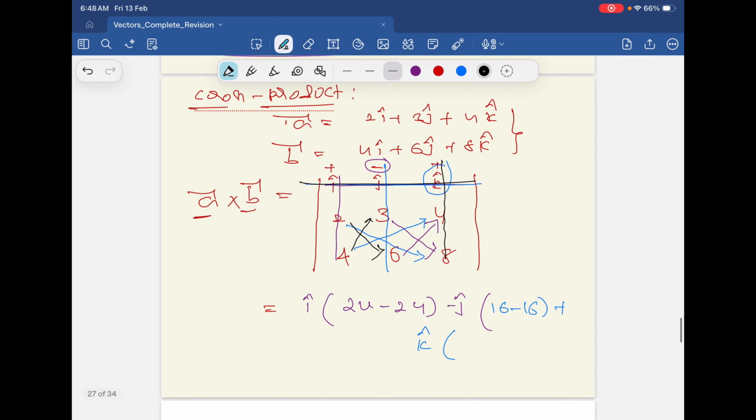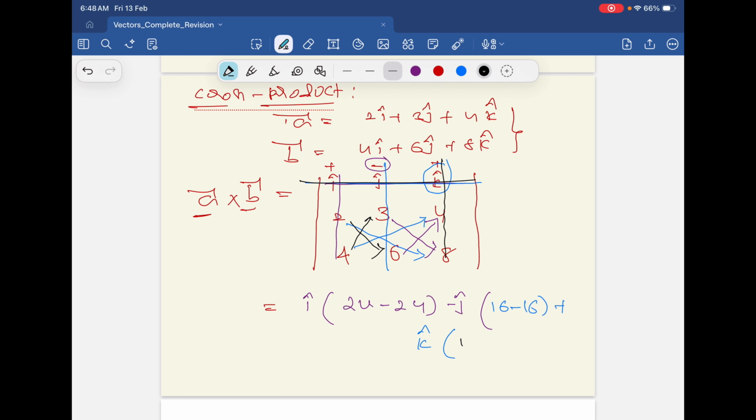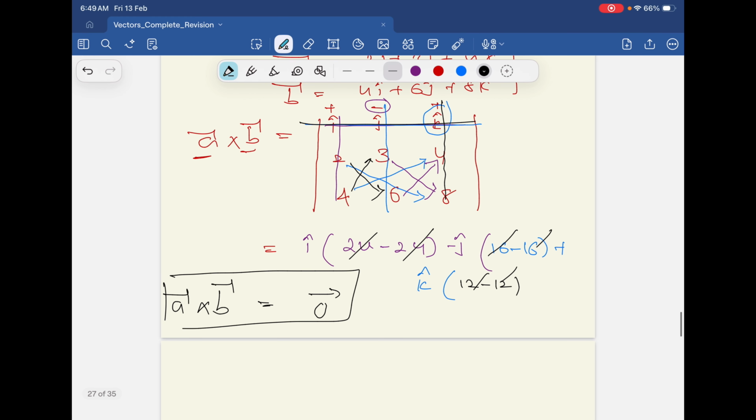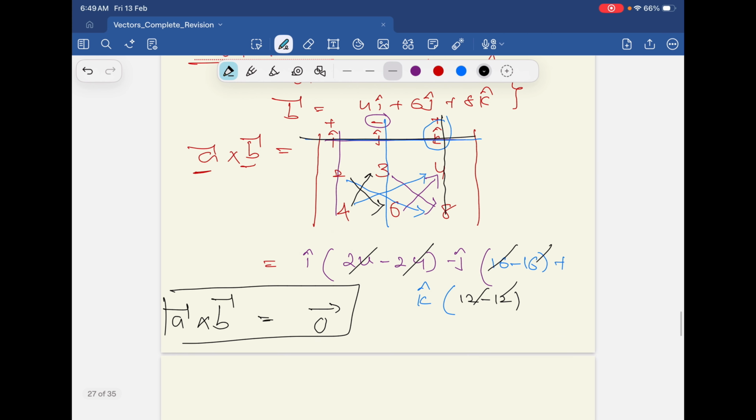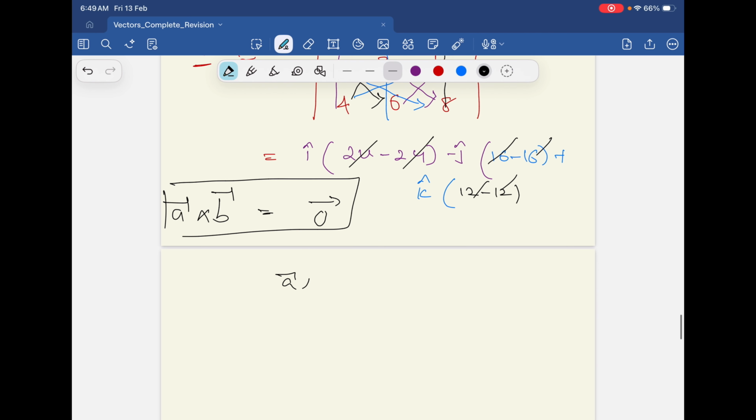Once again you can pause and listen to the video. 2 6s are 12, 3 4s are 12. So if you see, this is 0, this is 0, this is 0, so the entire result is 0. A bar cross B bar is 0, which you can also call a null vector. Whenever theta is 0 or 180, sin theta becomes 0; we have seen the definition, right? A bar cross B bar is AB sin theta.